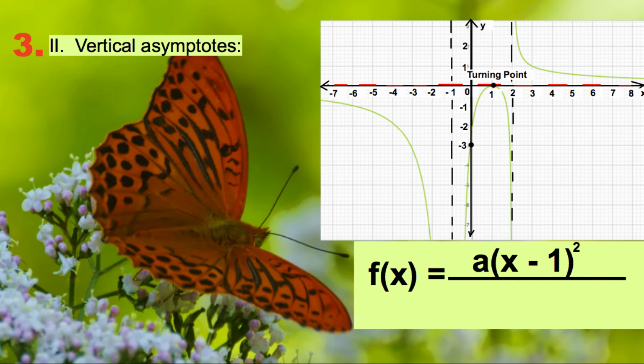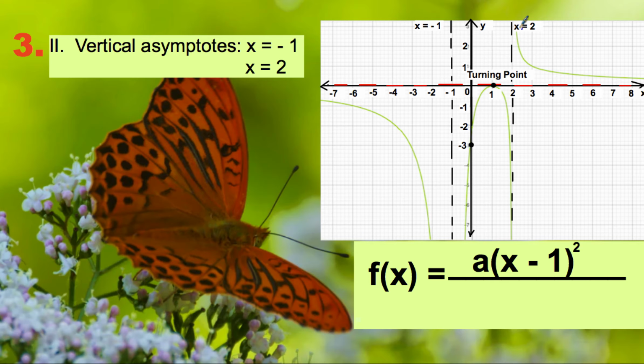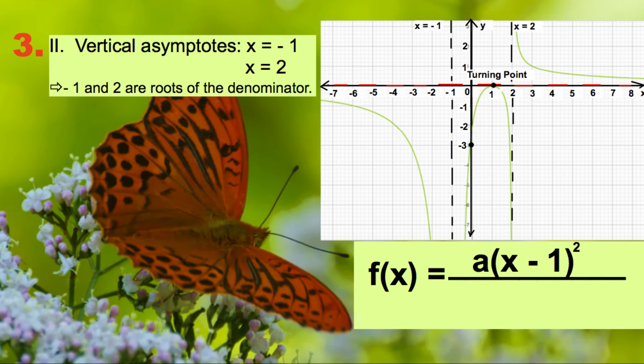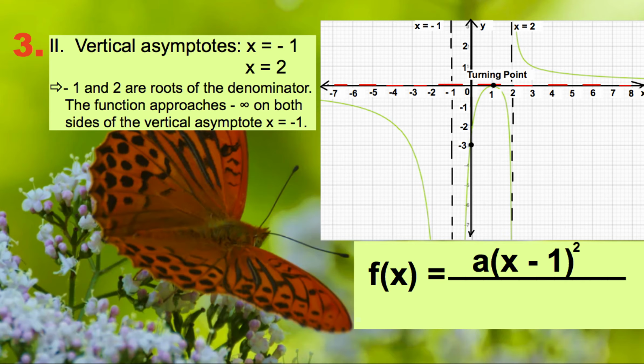Next, vertical asymptotes. We have a vertical asymptote at x equals -1 and x equals 2. Thus, -1 and 2 are roots of the denominator. The function approaches negative infinity on both sides of the vertical asymptote x equals -1.